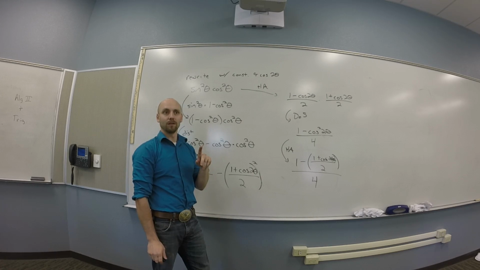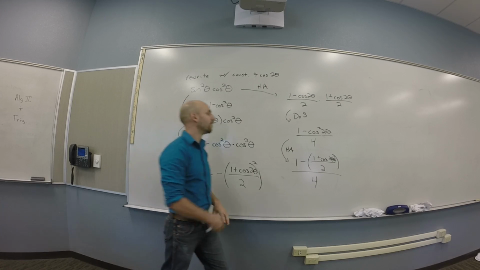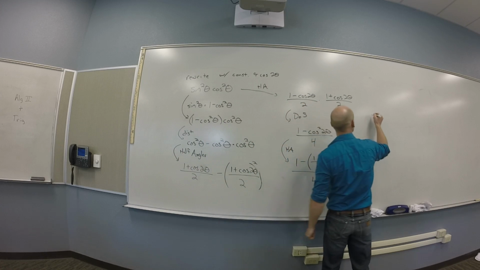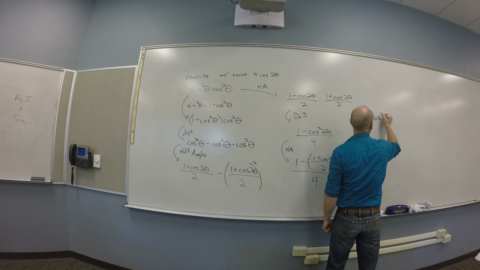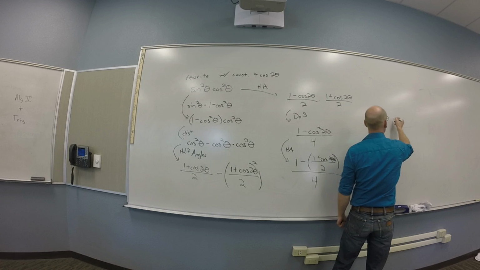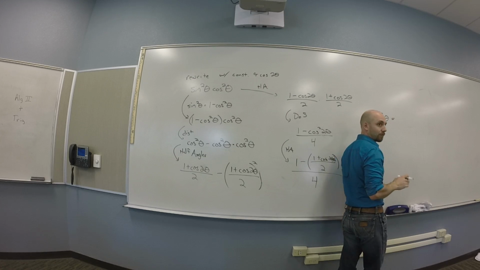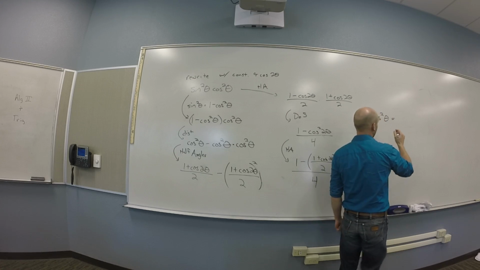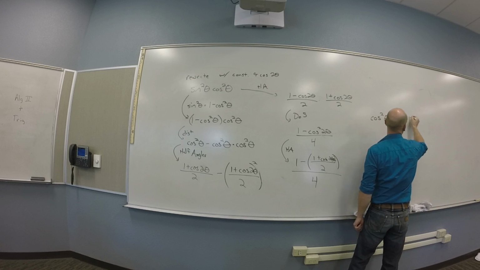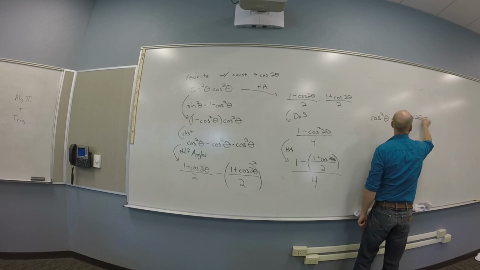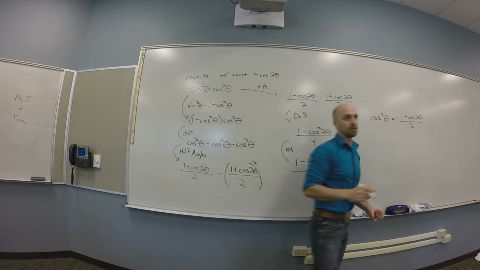What was the thing I said I was going to say at the end? Oh, yeah, the reason we call this a half angle formula. So this thing, the cosine squared version of this, says that cosine squared is 1 plus cosine of 2 theta all over 2, right?